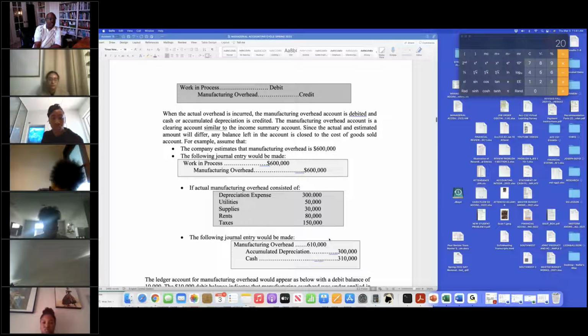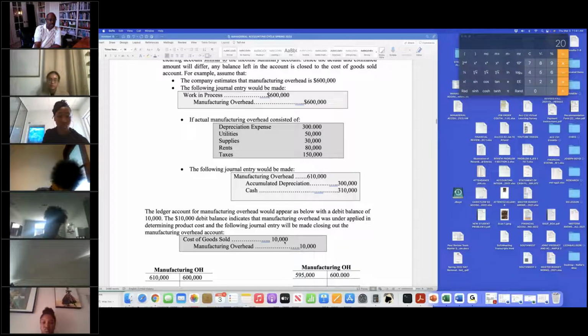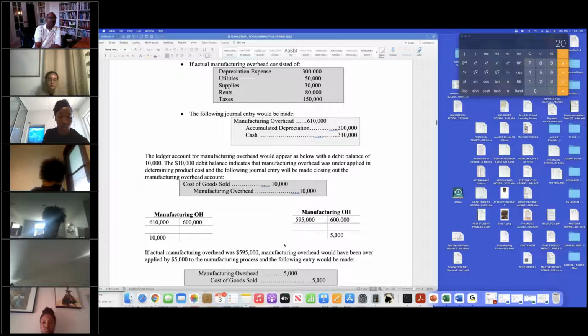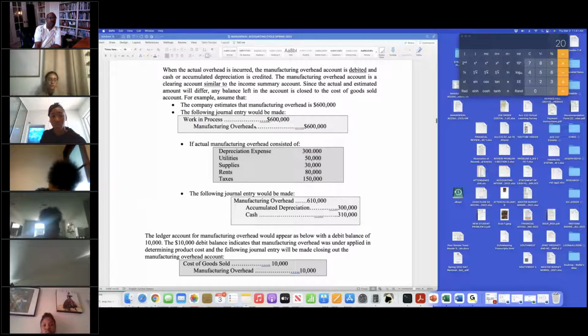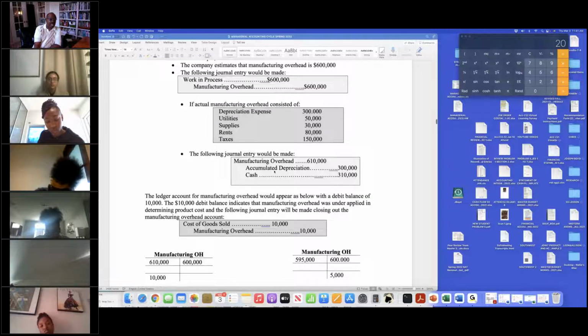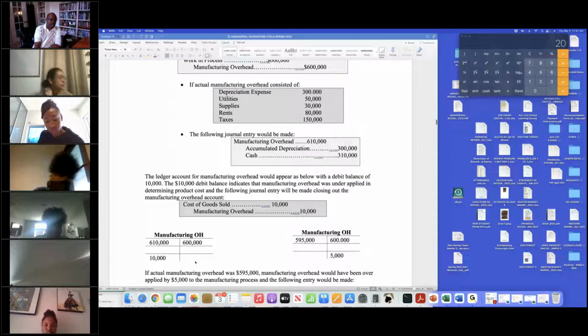So the way the accounts look, we estimated the overhead was 600,000, and we made a journal entry debiting work in process and crediting manufacturing overhead for 600,000. When we actually paid for the overhead and charged depreciation, it was 610,000. So this account has to come to zero. So we just put that extra amount where it should have been in cost of goods sold. So cost of goods sold was 10,000 low. So we debit cost of goods sold and credit manufacturing overhead.